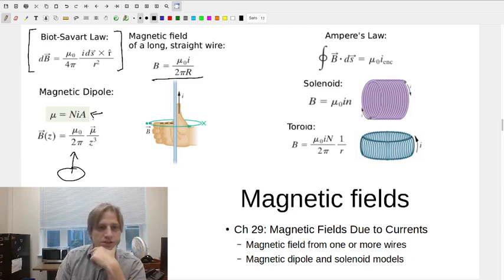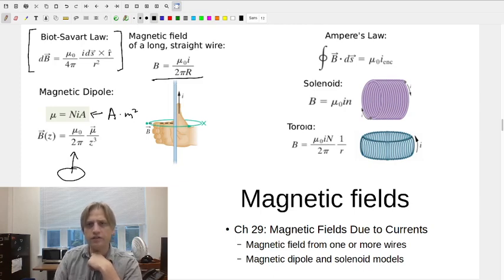This has units of amps times meters squared, since I is amps and area is meters squared. And at some distance above that loop, if you're far enough away, you can treat this sort of like a point. The size of the loop is not that significant anymore. What matters is just this magnetic dipole's magnitude, and it dies off as 1 over z cubed.